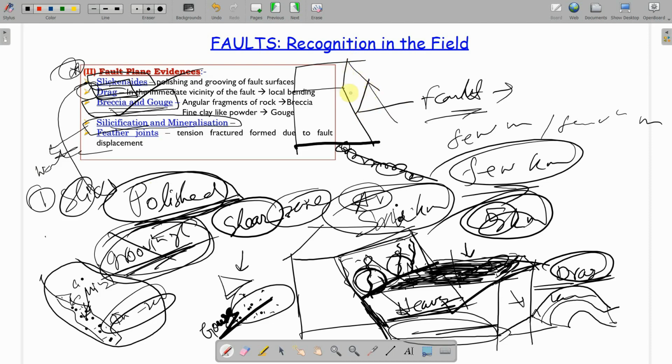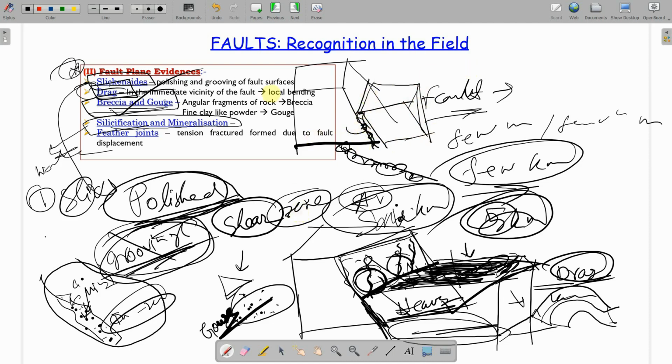And this fault has some space in between the hanging wall and the footwall, like this. The space is there, or due to the uneven surface, this surface is uneven, this surface is uneven, there may be a gap, and water may percolate through this gap.